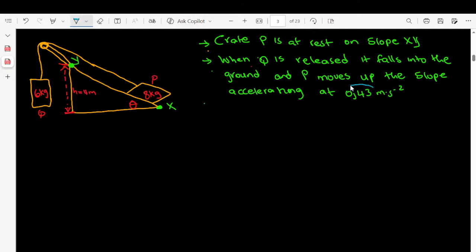The acceleration when it is released, P will move up with that acceleration.